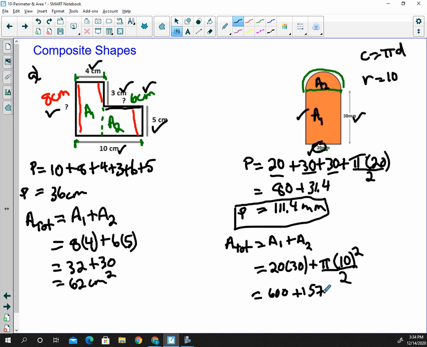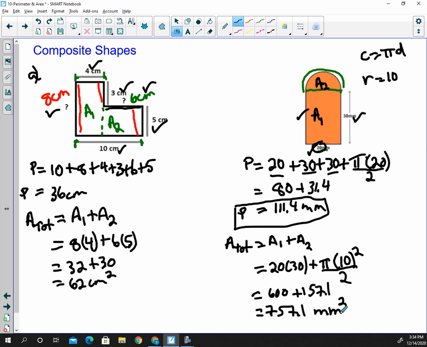Let's see if I did that correctly. Yeah, I think that's okay. 157.1. Then we just add these together. So 600 plus 157.1 will work out to 757.1. And again, this is area. So we're going to talk about millimeters squared.